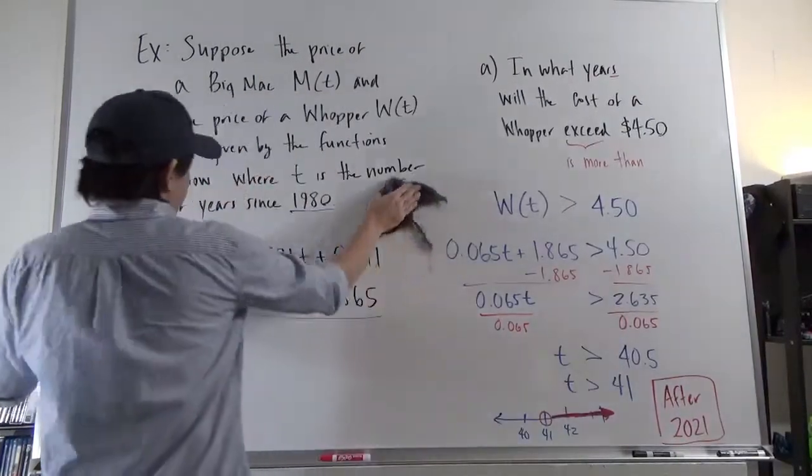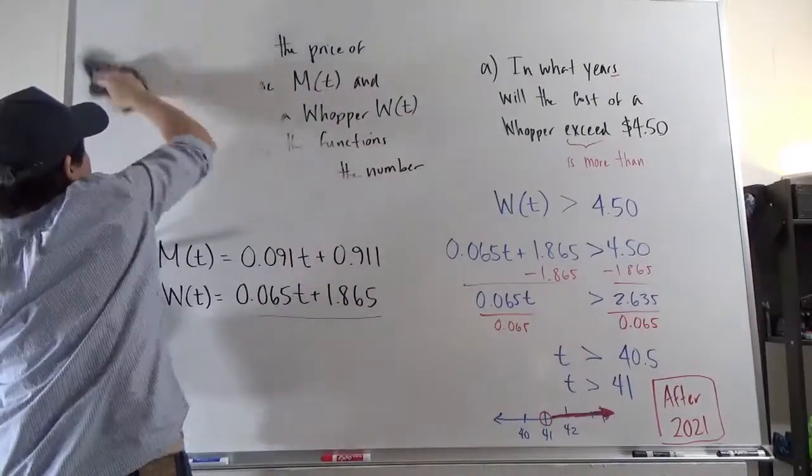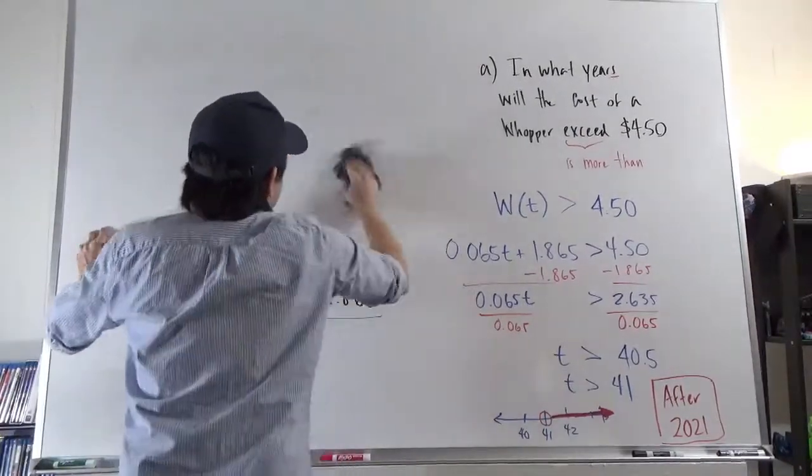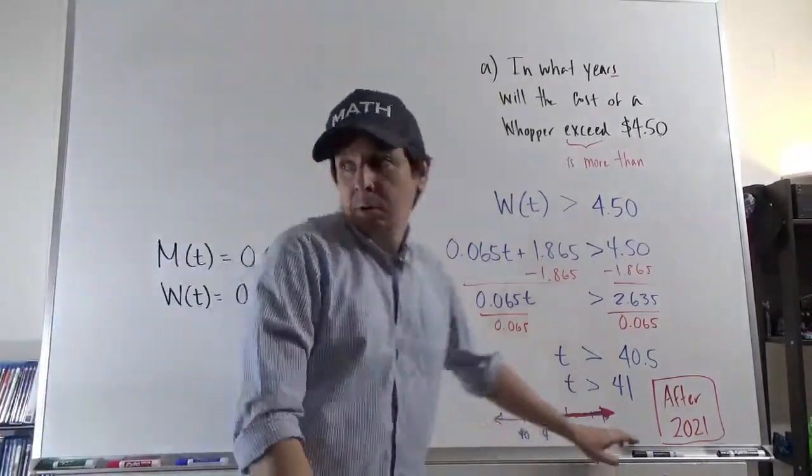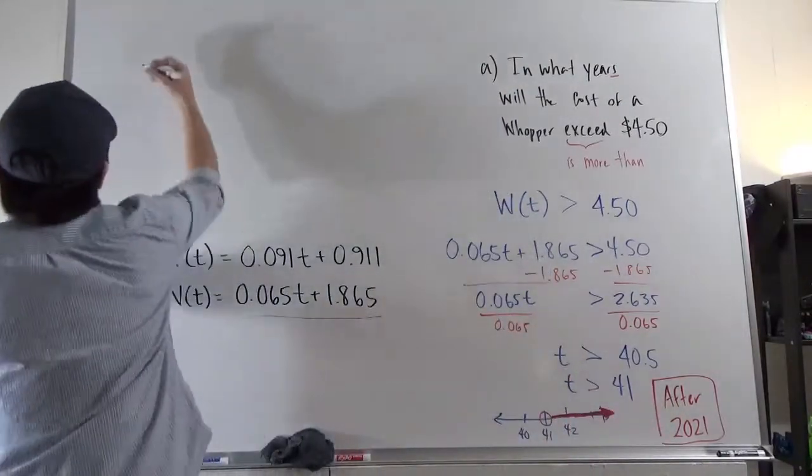Okay. I'm going to leave this up because I need it. I'm going to use it for this part B. We just have one more part. Just another example of this.